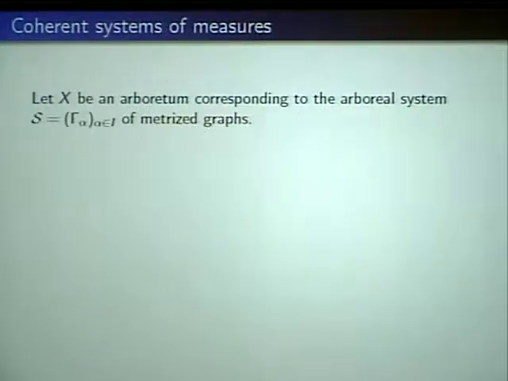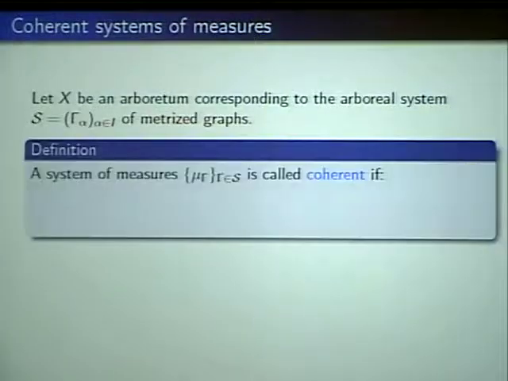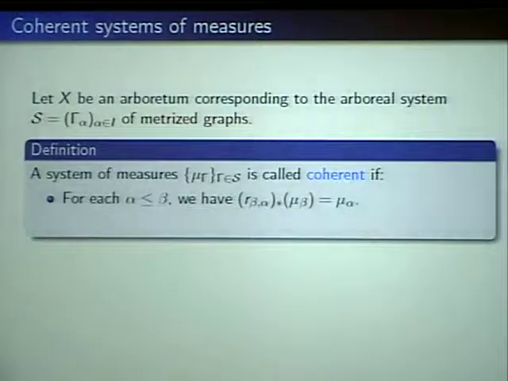Okay, so now to get a global Laplacian, we should just define coherent systems of measures. If I have an arboretum, this inverse system of metrized graphs, then a system of measures is called coherent if, when you have measures on each graph and you push forward the measure on the big graph under this retraction map, you get the measure on the smaller graph.